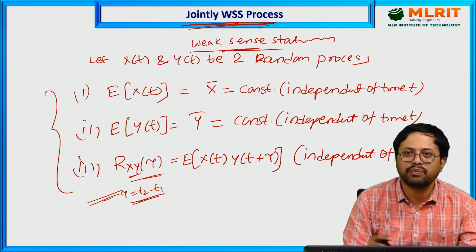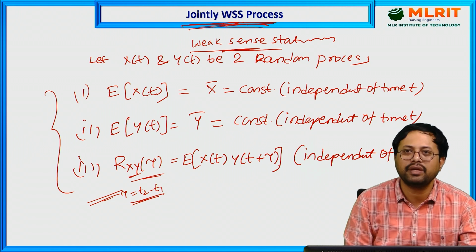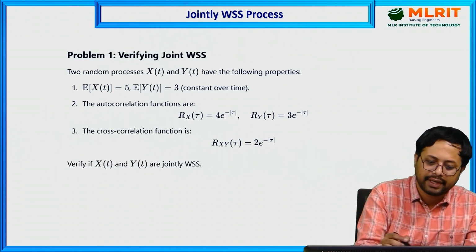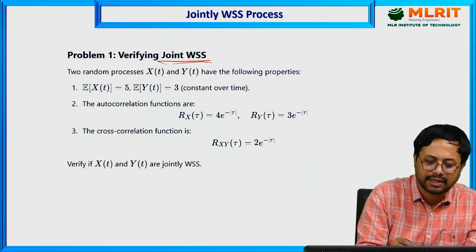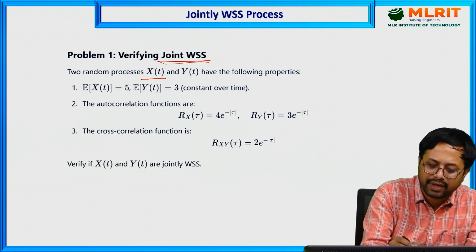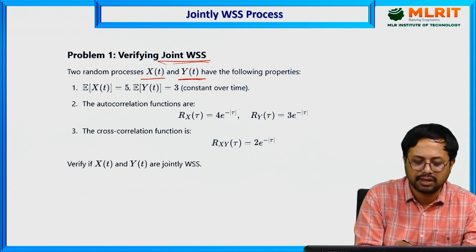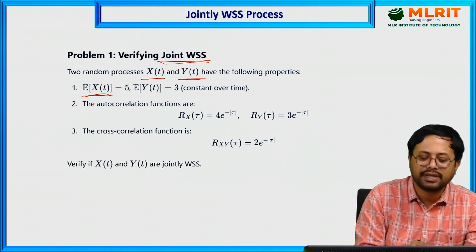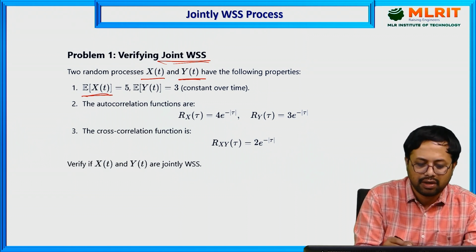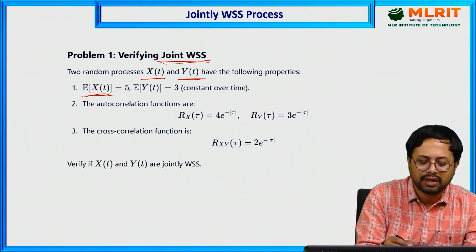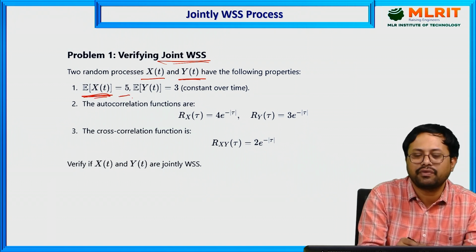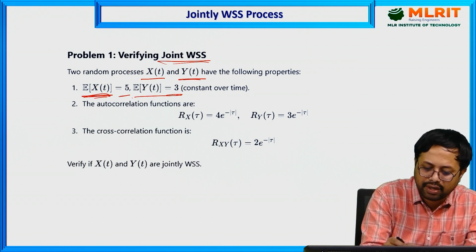You can have a clearer understanding by solving a problem related to this concept. You have x of t and y of t, two different random processes. Expectation of x of t equals 5, expectation of y of t is 3.